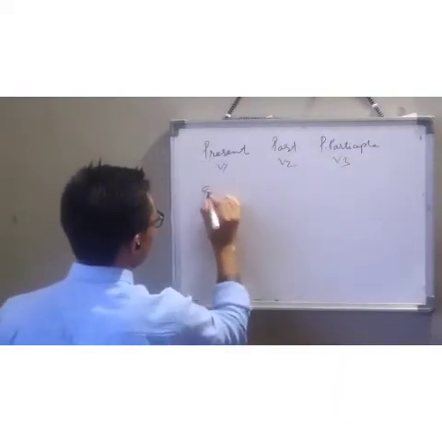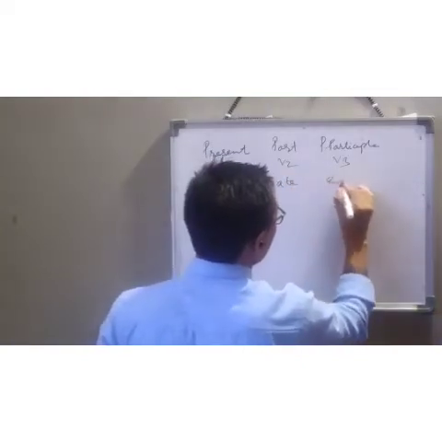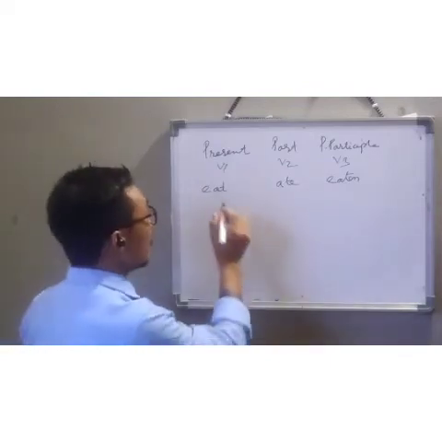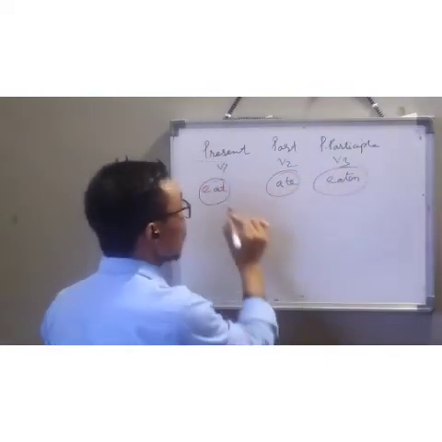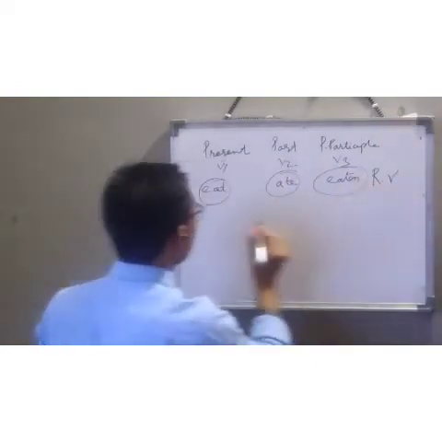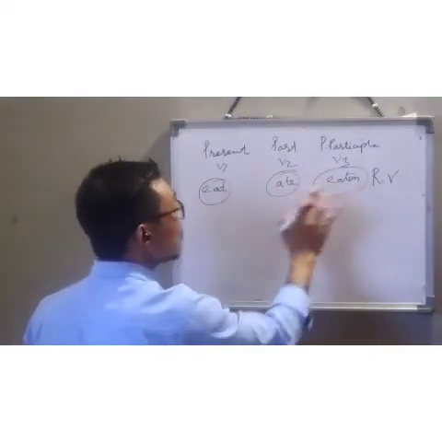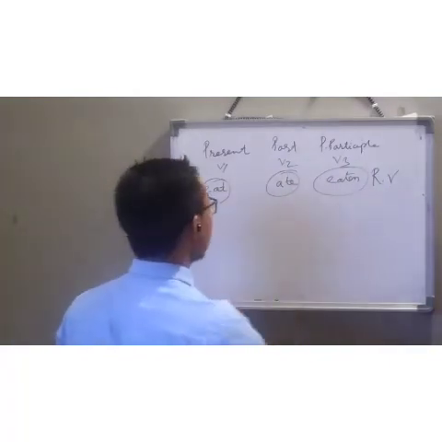Here example: eat, ate, and eaten. So verbs that have different spellings and different sound in all the three forms are called regular verbs. So here we can see eat, ate, eaten. All these three verbs have different spellings and different sound in all the three forms. So it is called a regular verb.